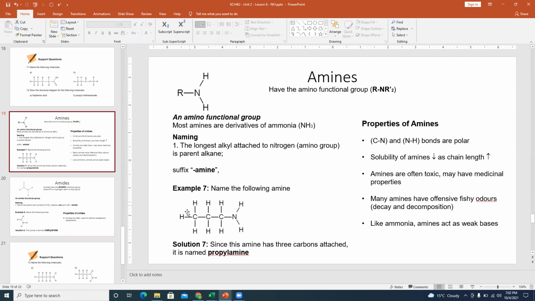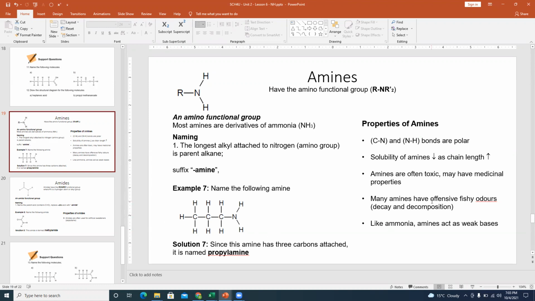These are not polar. These are just plain hydrocarbon tails that are not very soluble in water. So you can think that as this gets longer, the solubility of these amines would go down. And you can think about that one a little bit more and what it means.